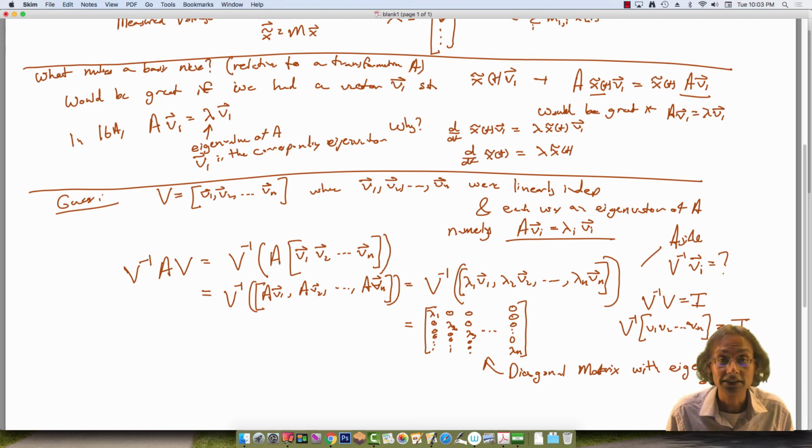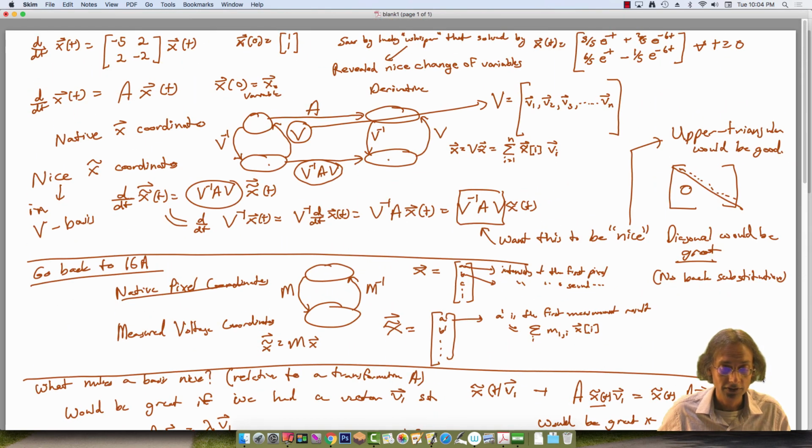So that tells us that if we can compute the eigenvalues and eigenvectors of a matrix, we can find a matrix V that represents a change of coordinates such that the matrix A we're interested in becomes diagonal. If we have a full set of eigenvectors and eigenvalues, we can take that change of coordinates and we will get a diagonal matrix.